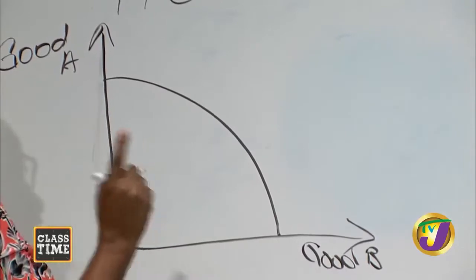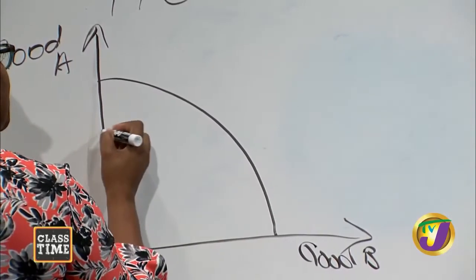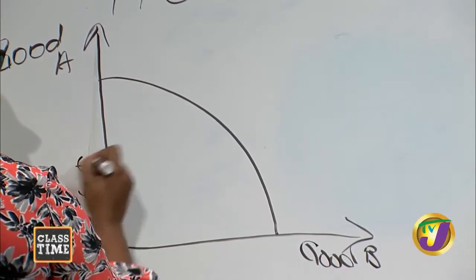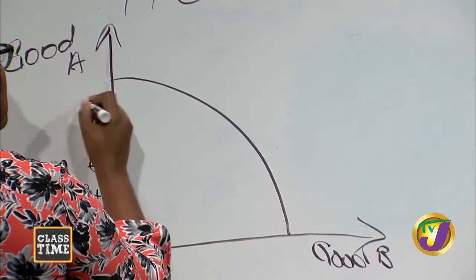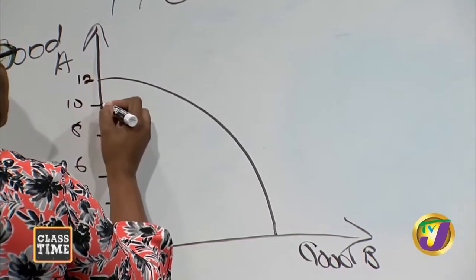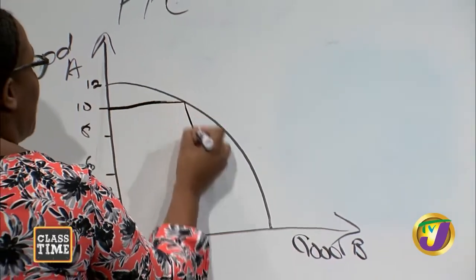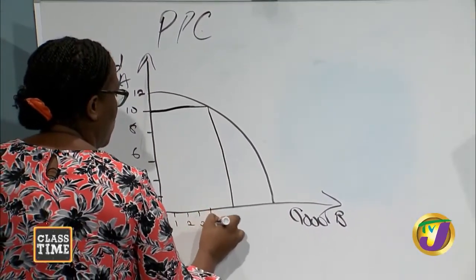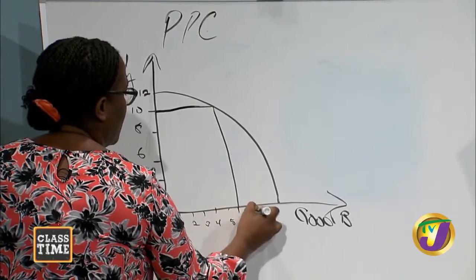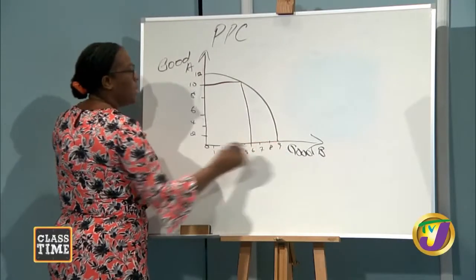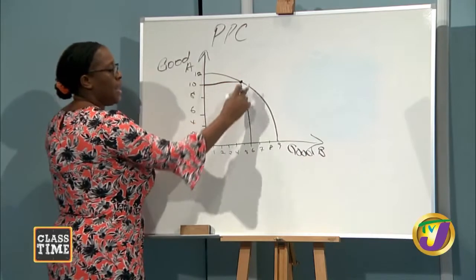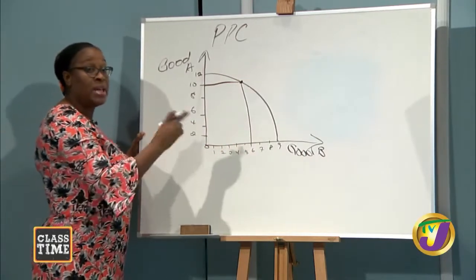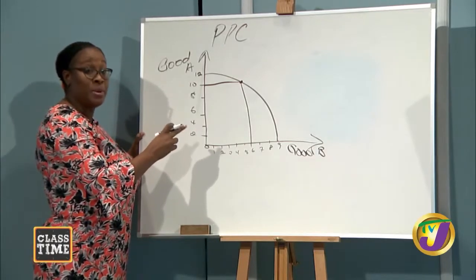Therefore, if the society wishes to produce, let us put in some figures here, 10 units of good A, they are able to produce 6 units of good B given the resources that are available.